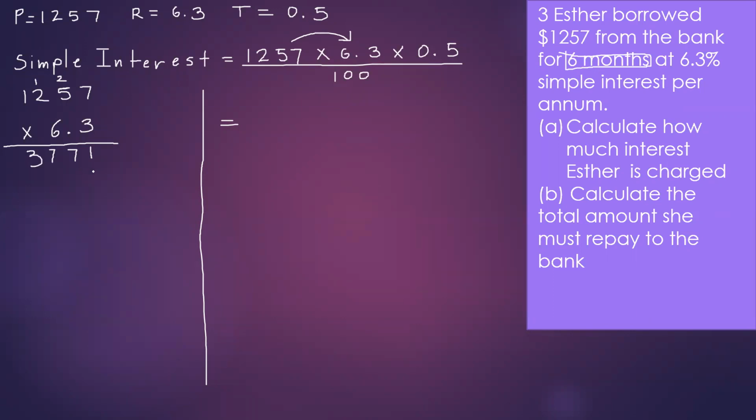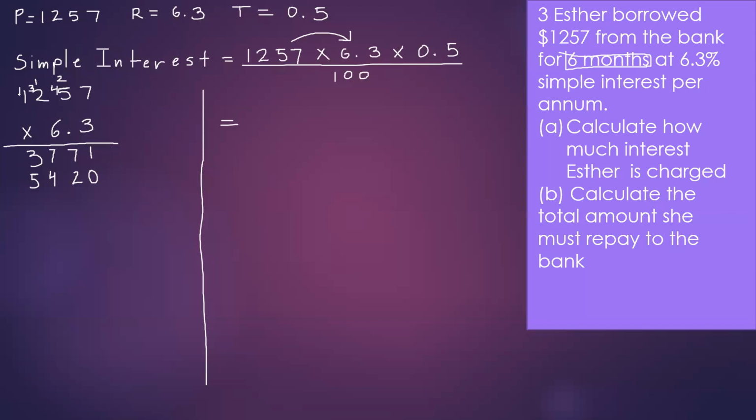Put the placeholder down. What is 6 times 7? 42. Put the 2 down and put the 4 up. 6 times 5 is 30 plus 4 is 34. 6 times 2 is 12. 12 plus 3, 15.